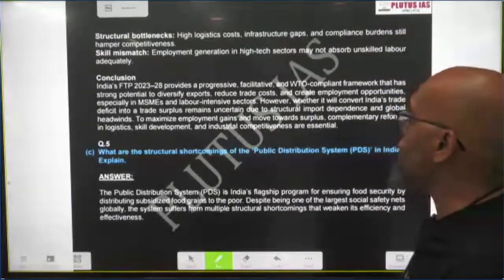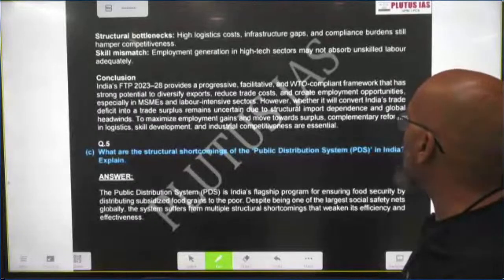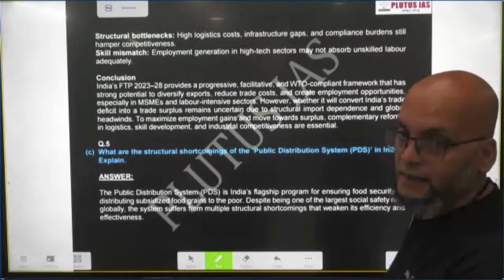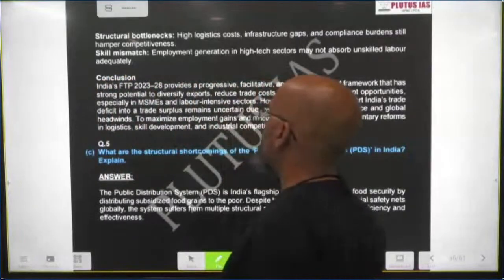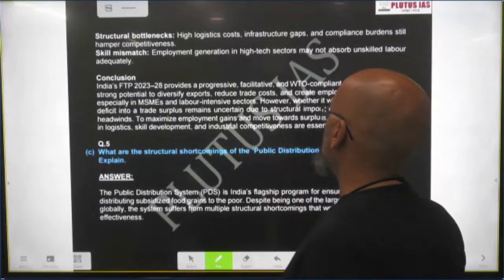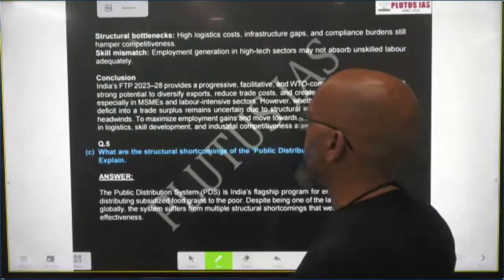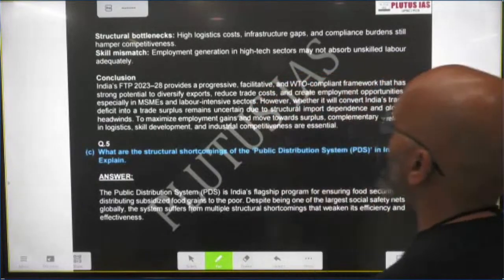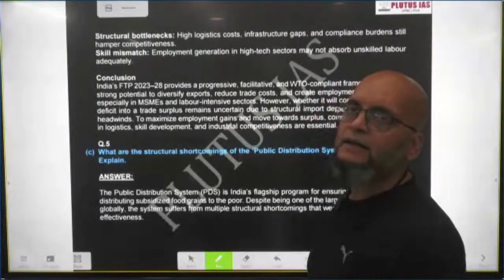Skill mismatch: employment generation in high-tech sectors may not absorb unskilled labor adequately. So India's FTP 2023-28 provides a progressive, facilitative, and WTO compliant framework that has a strong potential to diversify exports and reduce trade costs. So this you could have written in conclusion.